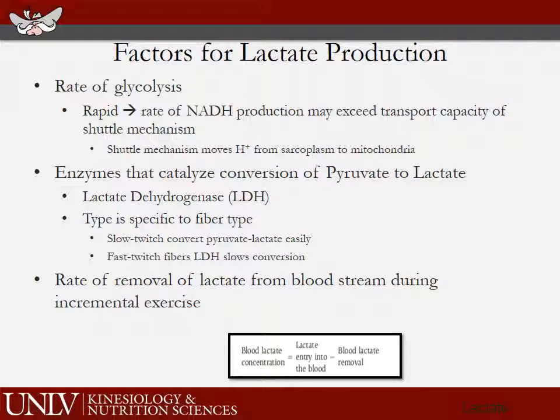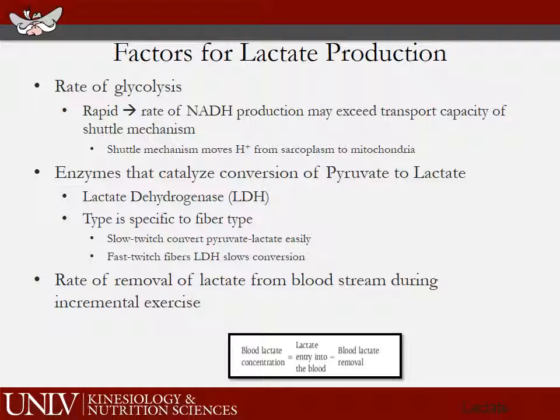Now, there's also the enzymatic process, the catalyst that converts pyruvate to lactate. That's lactate dehydrogenase, and this is where we get into the controversy. It's type specific to the fiber type. So this is LDH, and LDH does have individual isoforms that are related to the fiber type.